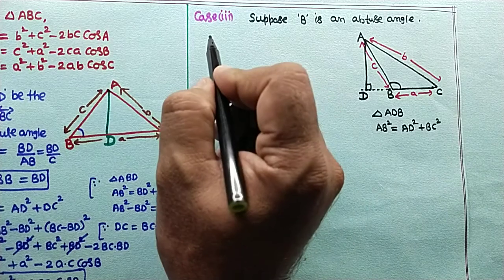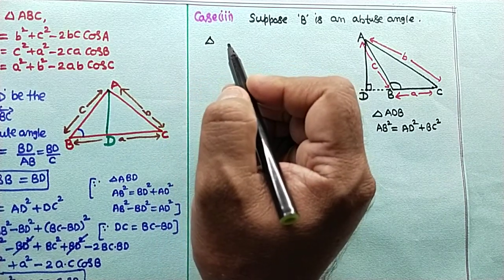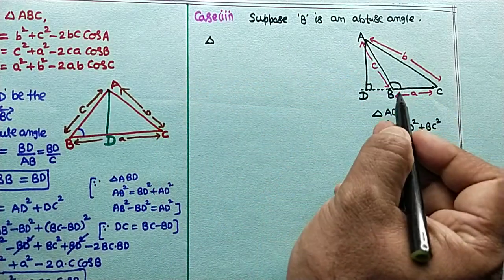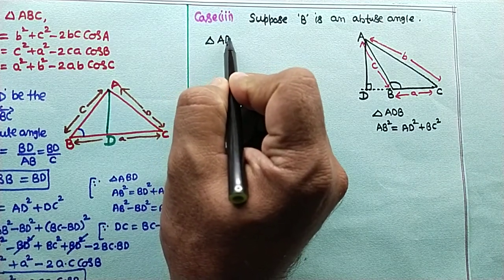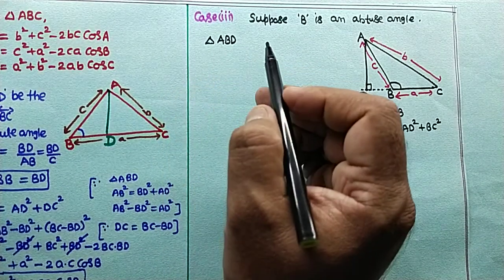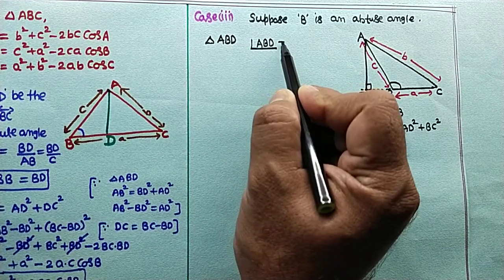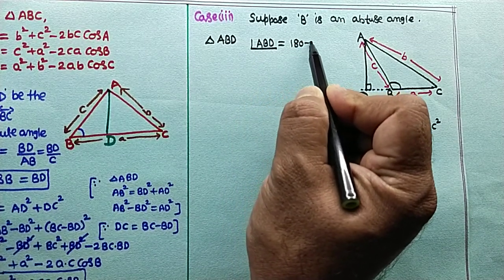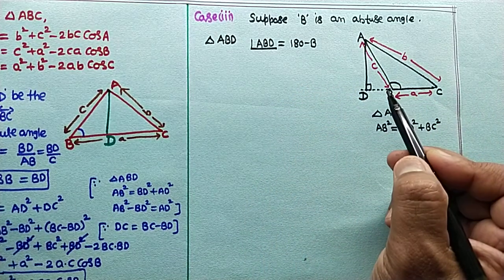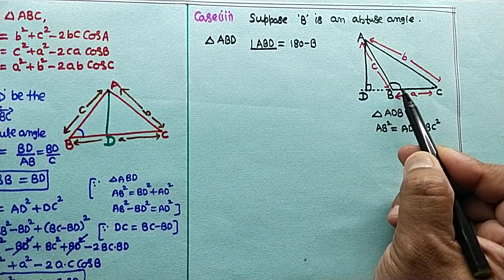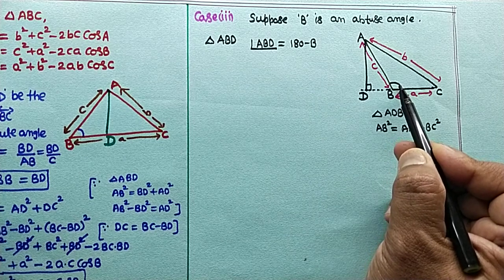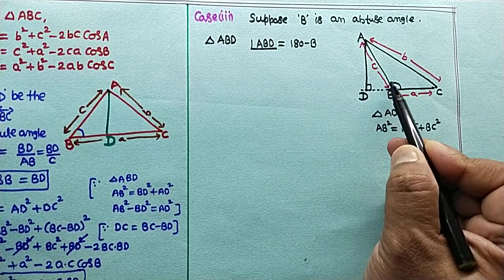So from triangle ABD, angle ABD is equal to 180 minus angle B. This is the total straight angle. In this, from here to here it is B, so here the total is 180.